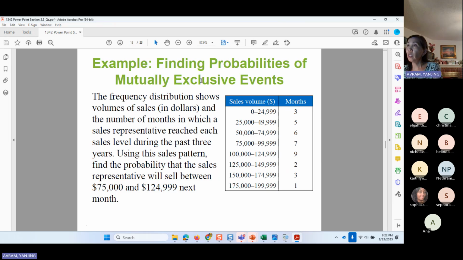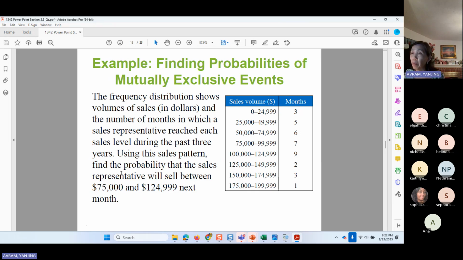Okay, so this one is finding the probability of a mutually exclusive event. Okay, so why is this one a mutually exclusive event? Because this is a frequency distribution showing the volume of sales in dollars and the number of months in which a sales representative reached each sales level during the past 3 years.